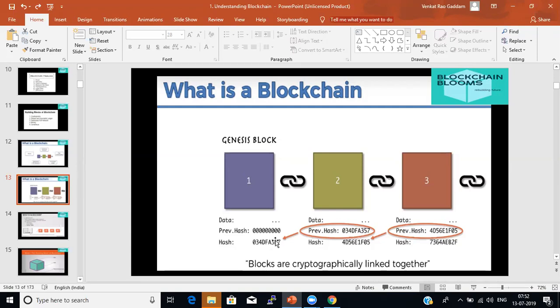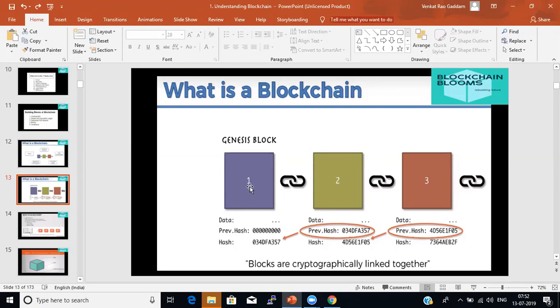It is not reversible, right? There is no mechanism to generate the original input back from this hash code. That is another advantage.